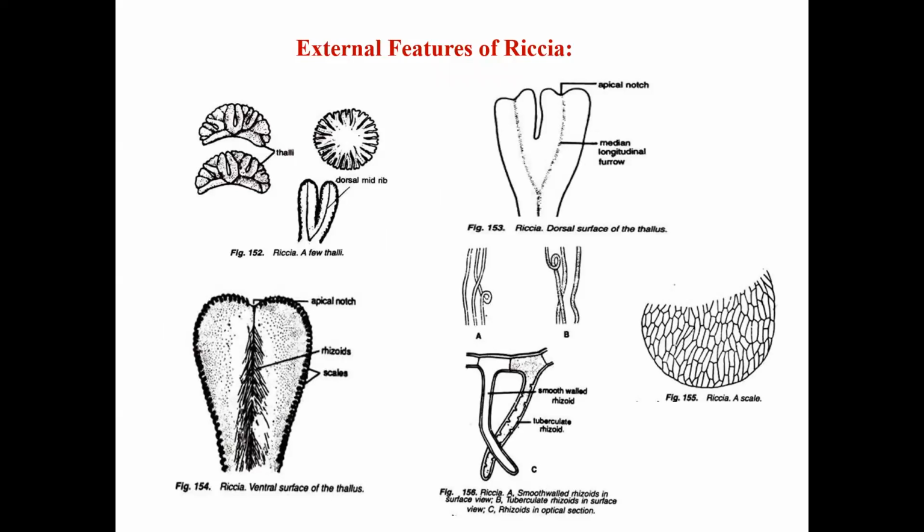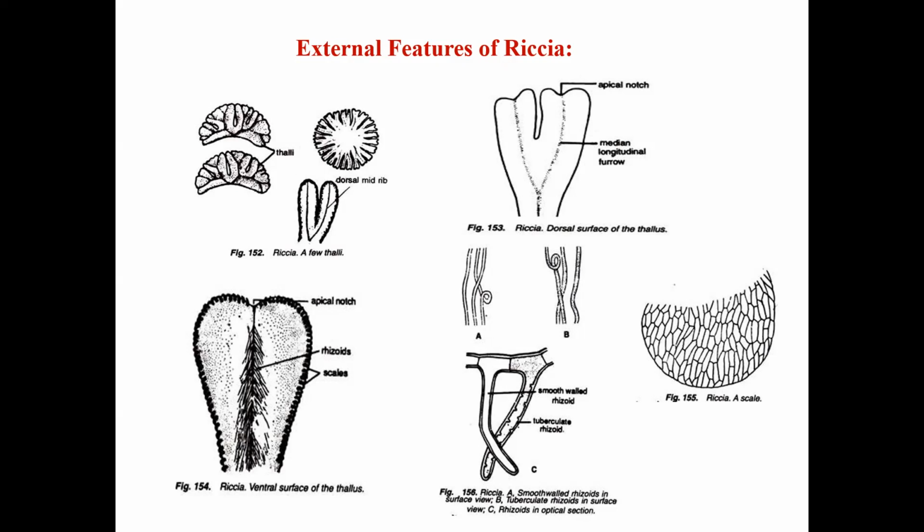Now, see the first external feature of Riccia. The adult terrestrial gametophyte is prostrate, rosette-like, dichotomously branched, dorsiventral, deep green, and found upon suitable substratum of damp soil.